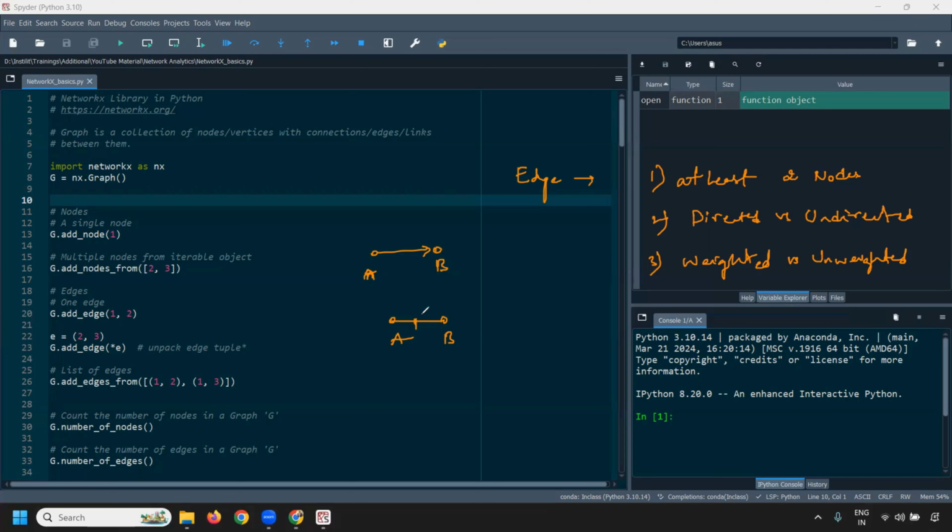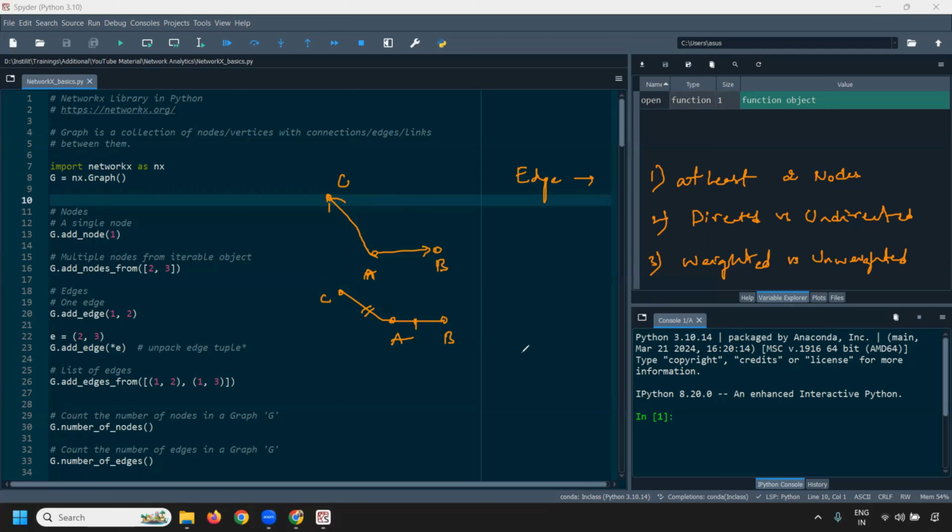But if I want to understand the importance of the connections, if I talk about directed and undirected graphs, then in an undirected graph we are only looking at whether there is a direct connection between these airports or not.